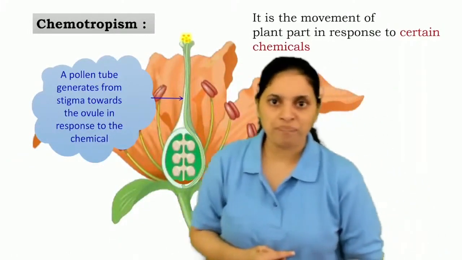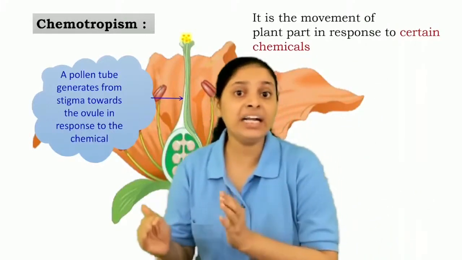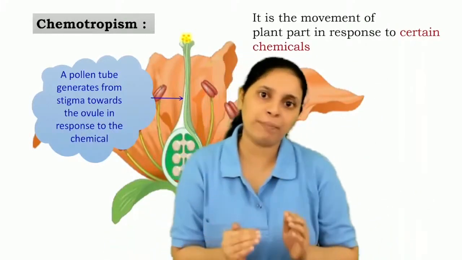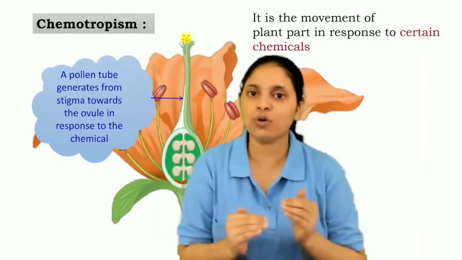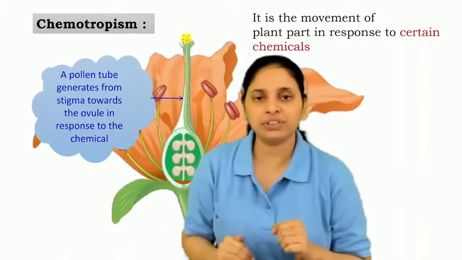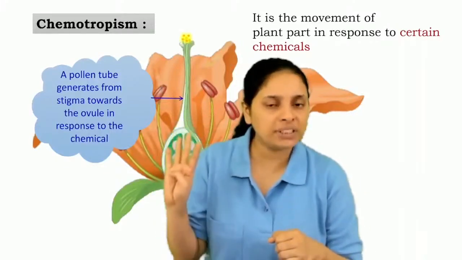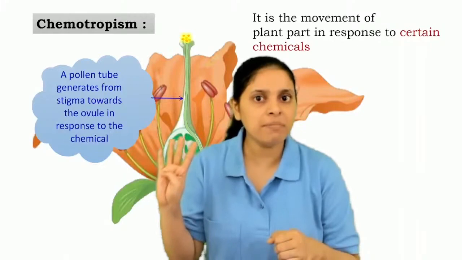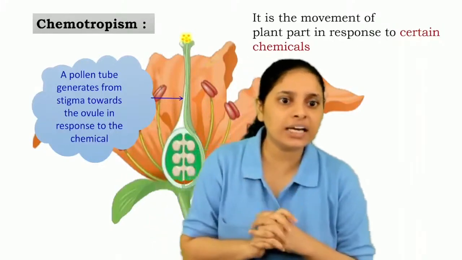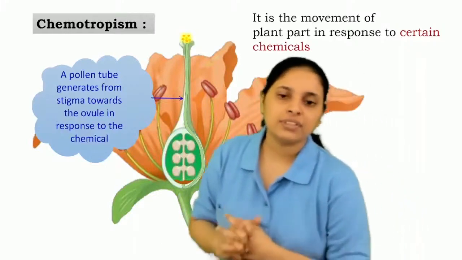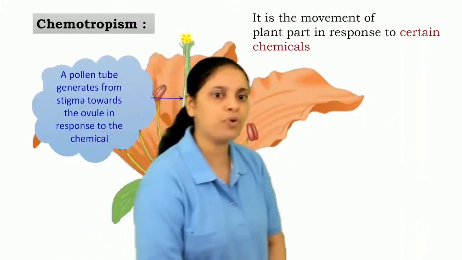Okay, so far we have studied growth independent and growth dependent movements. In growth dependent movements, which are also called tropic movements, we have studied four types. What are the four types? Phototropism, gravitropism, hydrotropism and chemotropism. Is it clear everyone? Yes, tell me quickly in the chat box, are all these four types clear to everyone?